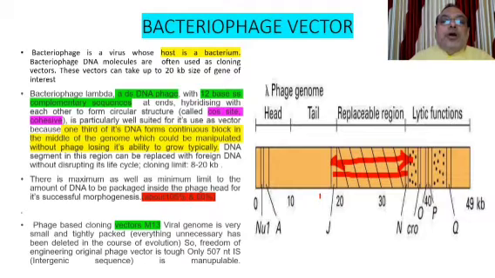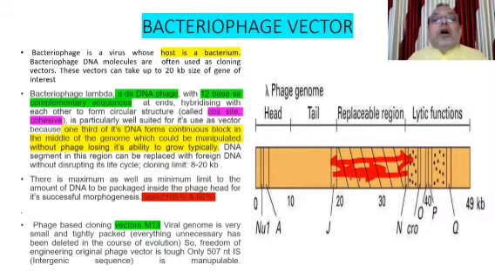The morphogenesis of the head is completed only when there is a minimum and maximum number of nucleotides in the bacteriophage. So while replacing this region, we will have to see whether the integrated DNA conforms to the maximum and minimum. Maximum is 105% of the normal DNA stretch of the phage. That is, the recombinant DNA should not exceed 105% of the length of the normal bacteriophage.